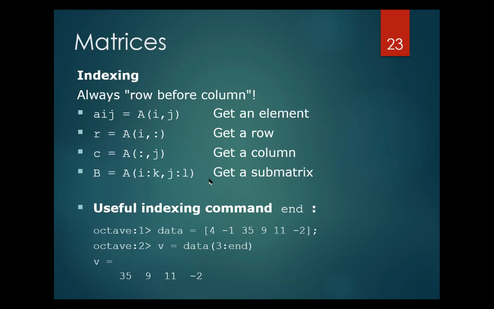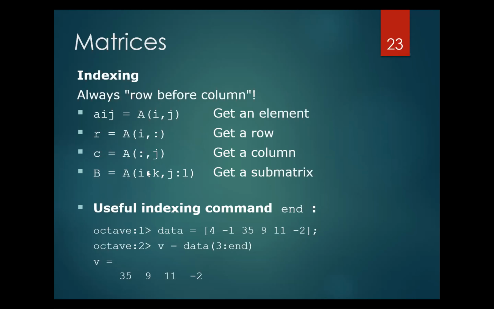And then if you want to pick a submatrix out of the bigger matrix, then you can use this. Remember that this is to specify the row, and comma, this is to specify the column.